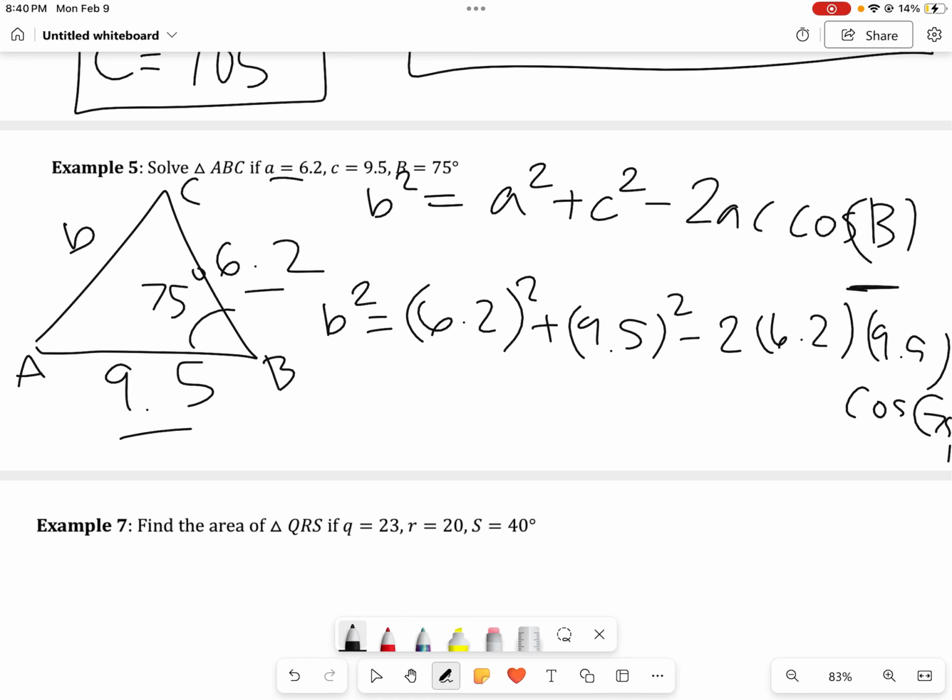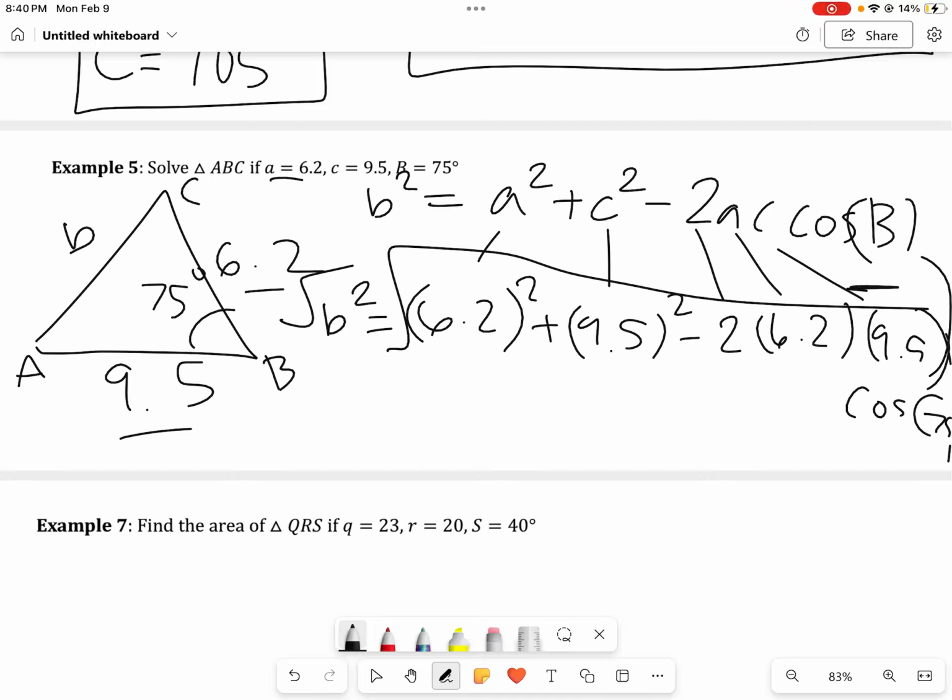So that's a long equation. You're just plugging in the values, cos of 75. Plug it into Desmos, you should get side B. Well, after you square root both sides, this should be your actual thing. You'll get that the value of B is 9.909.